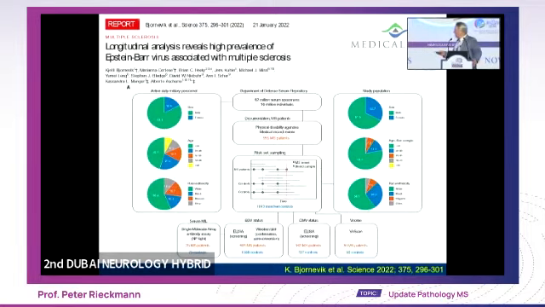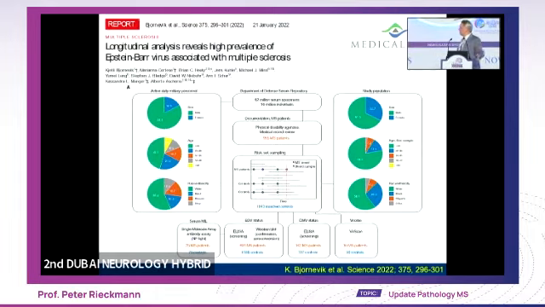And they made case controls of patients. These were overall 342 patients who developed MS over that period of time, and they were compared to controls who didn't develop the disease at the same time point. So that's really comparable.